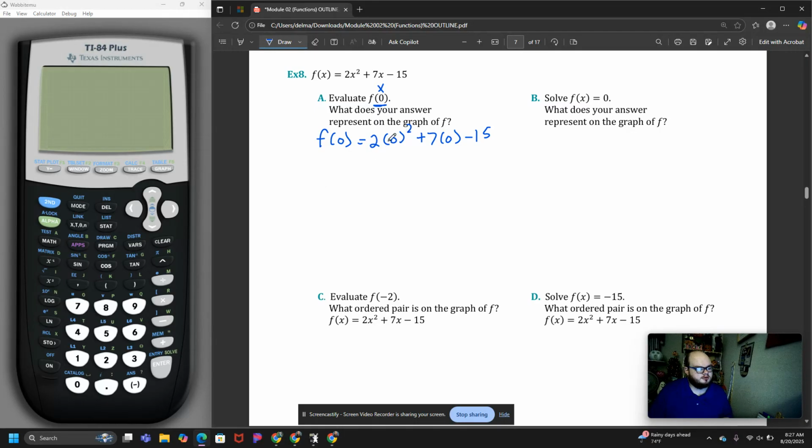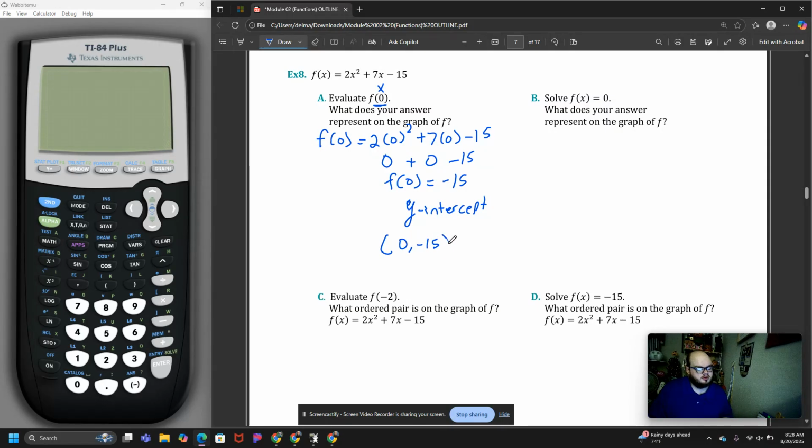Well, 0 squared is just 0. 2 times 0, 0. 7 times 0, 0. Minus 15. So what do we have? f of 0 equals negative 15. Okay, that must be the what? The y-intercept. Because we know that when we have 0 in the x, but a value in the y, it is the y-intercept.